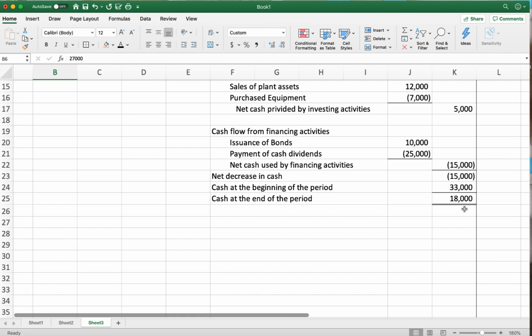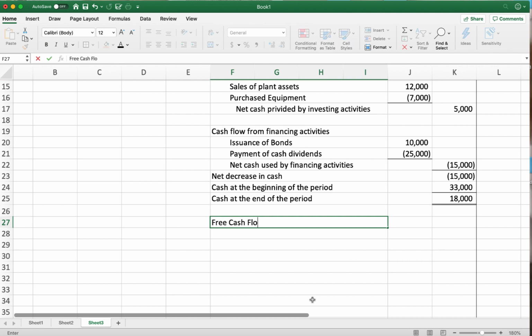Okay. So now we need to figure out what is our free cash flow. Well, it's easy. First thing I need to start off with is net income. I need to subtract purchases of PP&E. And then I need to subtract out my dividend payments.